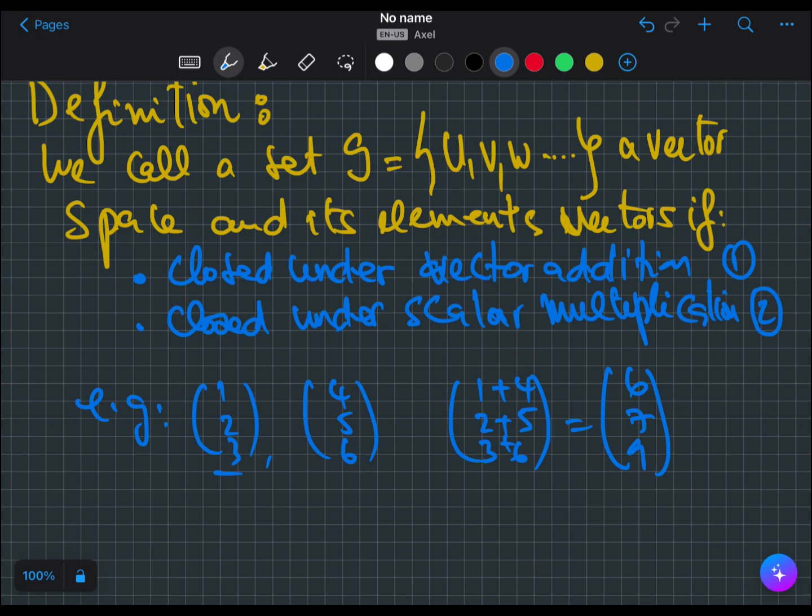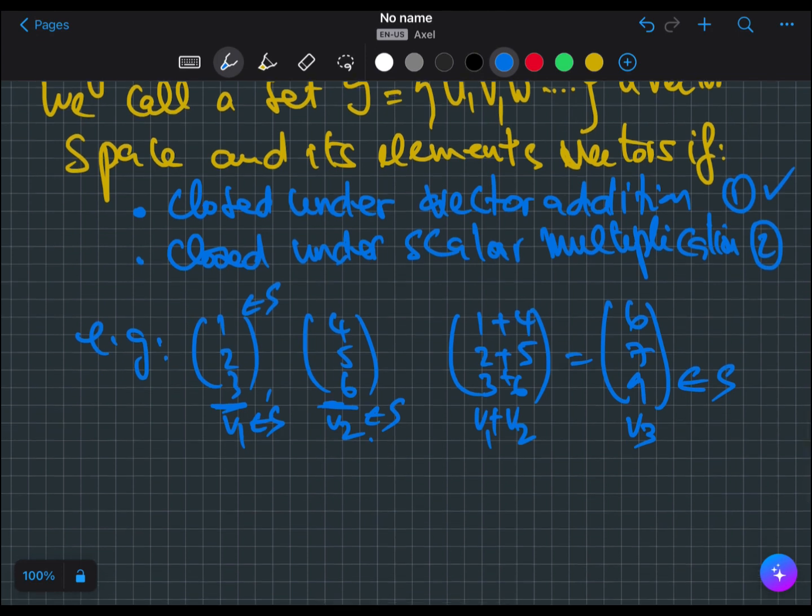If you consider these two vectors V1, V2 belonging to S, and this is V1 plus V2, and this is V3. Now, if V1 is in S, V2 is in S, and V1 plus V2 giving V3 is also in S, therefore the first condition is satisfied. That's the meaning of closed under vector addition.